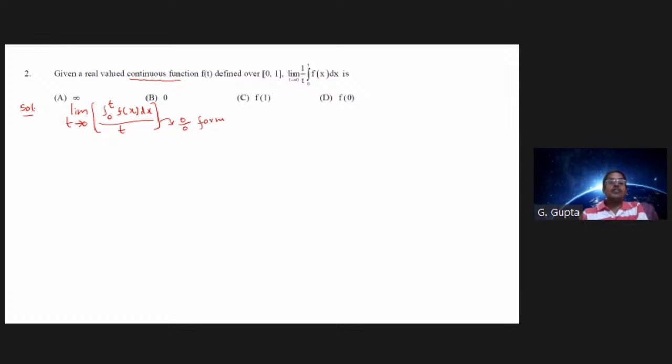Then according to L'Hospital's rule, limit t tends to 0, differentiate the numerator as well as the denominator with respect to t. Here t is a variable. So this is d by dt of integral 0 to t f of x dx divided by d by dt of t, by L'Hospital's rule.